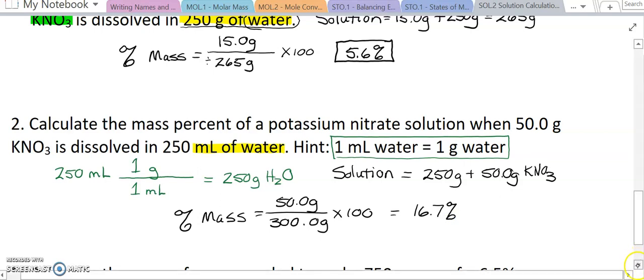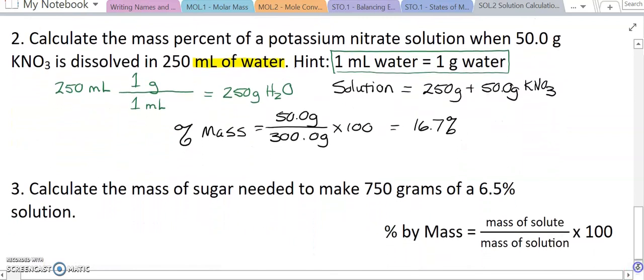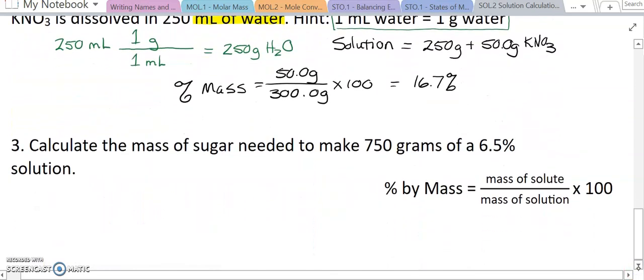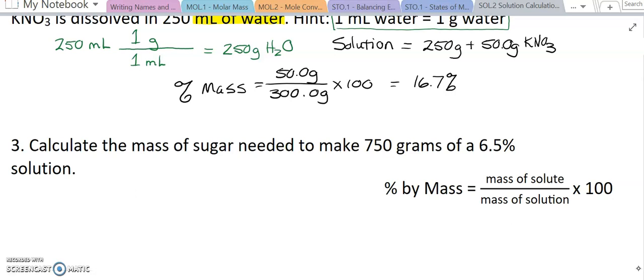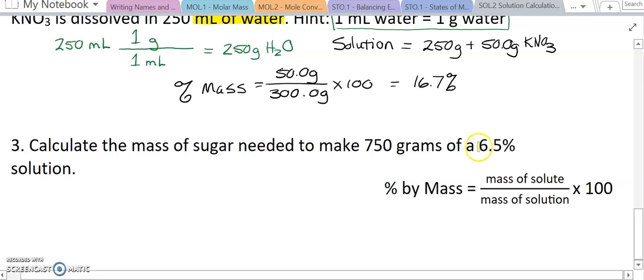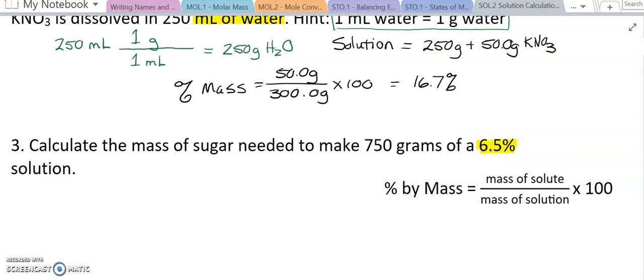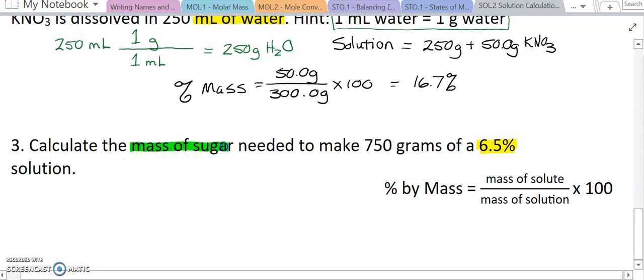Last type of problem we're going to take a look at today is a little bit rearranged. This time, I am supposed to be calculating the mass of sugar needed to make 750 grams of a 6.5% solution. So this time, they are going to give me my percent. I'm not finding percent. This time, what I'm trying to find is the mass of the sugar.